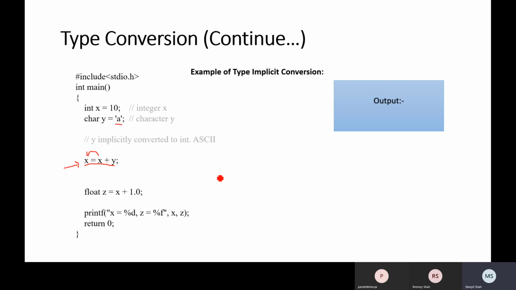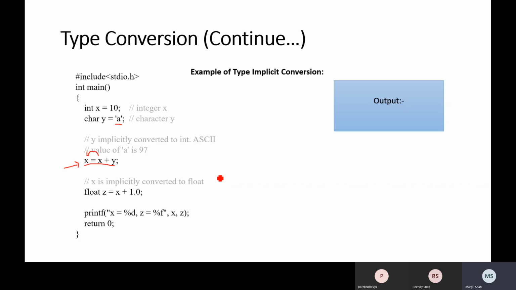Y is implicitly converted, so the value of 'a' is 97. So x is 10 plus 97, that is 107. x is implicitly converted to float in z is equal to x plus 1.0.